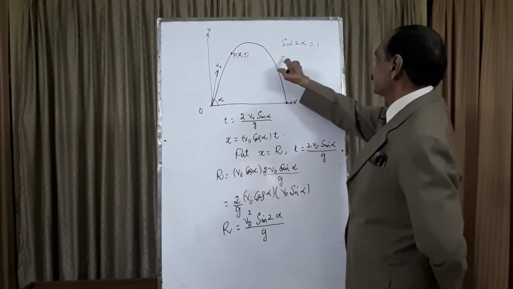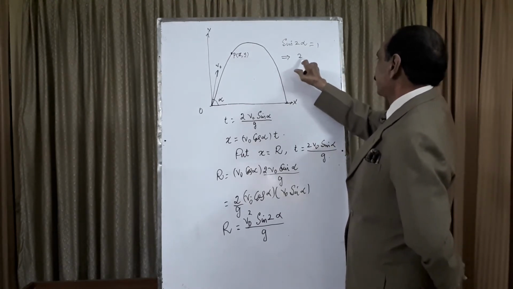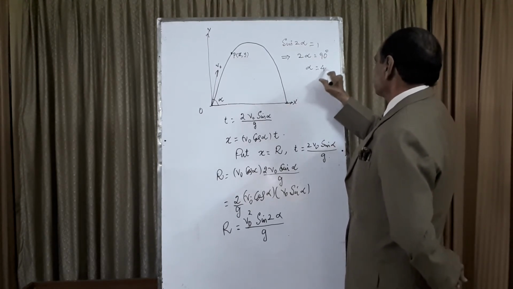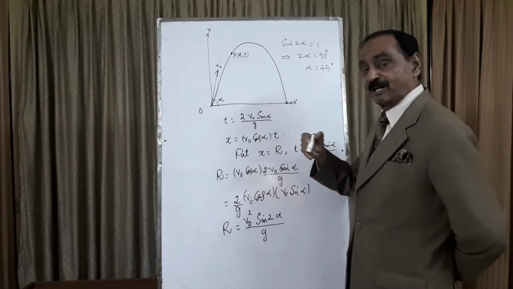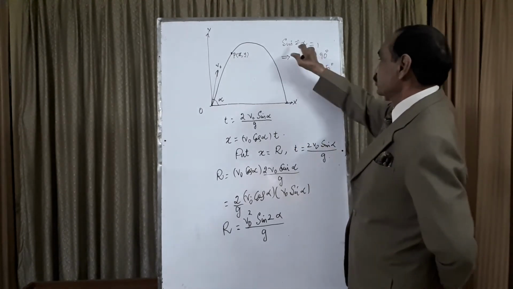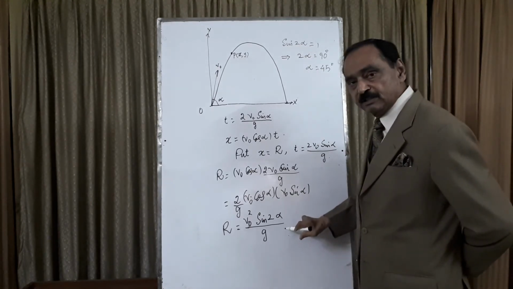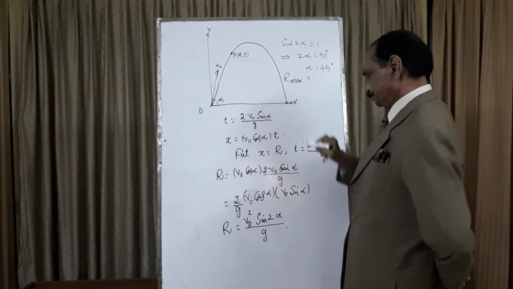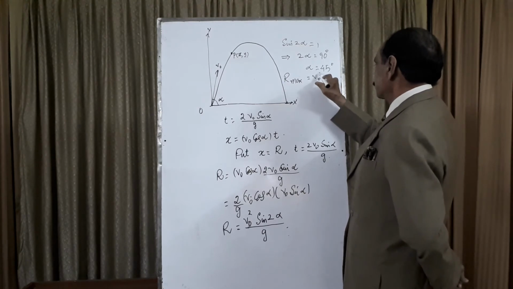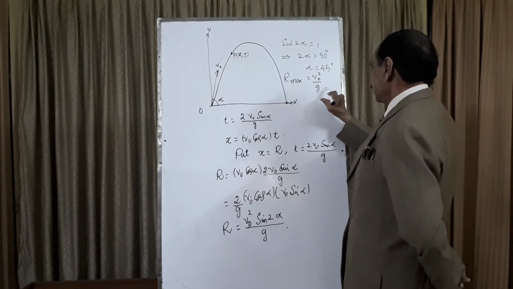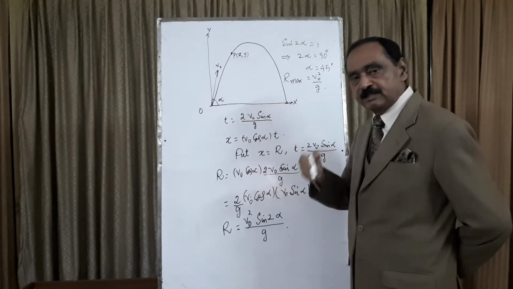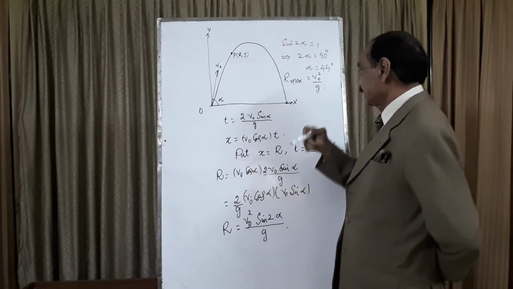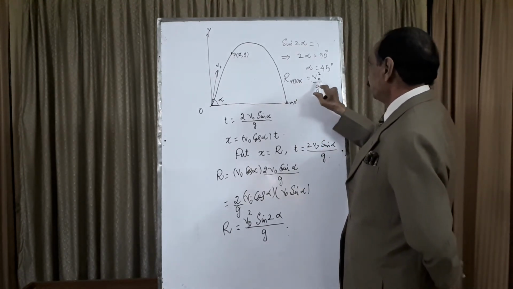Sine 2 alpha equal to 1 implies 2 alpha is equal to 90 degrees and alpha is equal to 45 degrees. When this condition is met, that is when alpha is equal to 45 degrees or sine 2 alpha is equal to 1, the range becomes maximum. R maximum is equal to v0 square over g. In this particular case, we must keep in mind that the value of alpha is 45 degrees, and we got that R maximum is equal to v0 square over g.